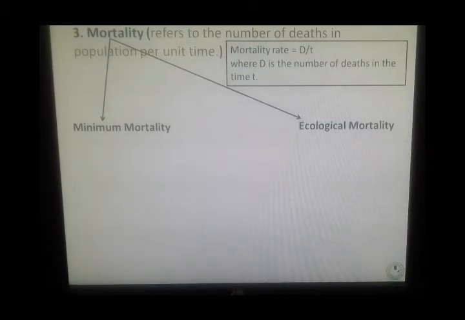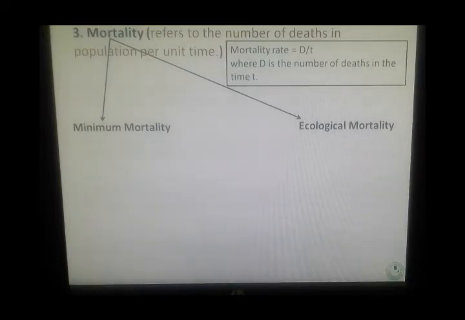So this can never be a constant in a population, because here the environmental factors are playing their roles.